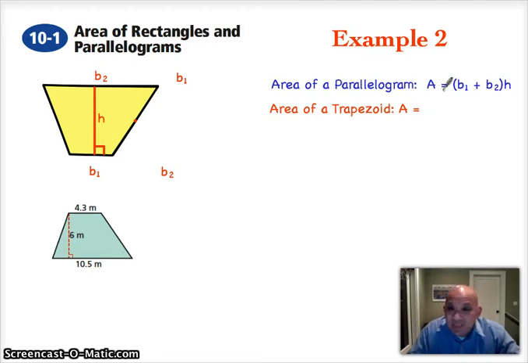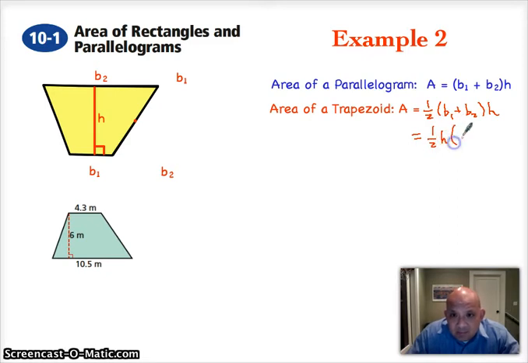But since now it's only half of that parallelogram, we're going to simply take half of the base 1 plus base 2 times the height. You'll see this most likely put in this order, however. It's half the height times the sum of B1 plus B2.